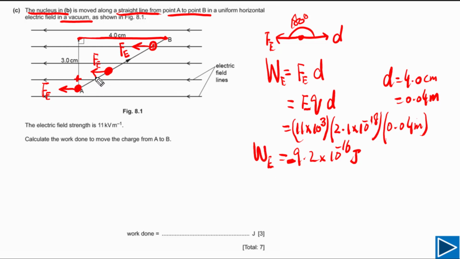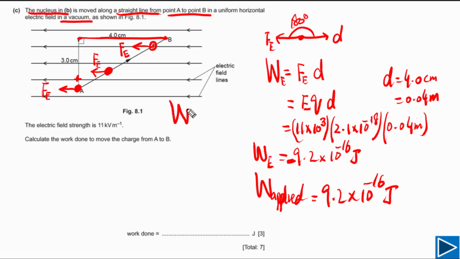But the work done by the applied force will be equal in magnitude, and it will be positive. Why are these two works equal? Because in this case there is no change in kinetic energy.